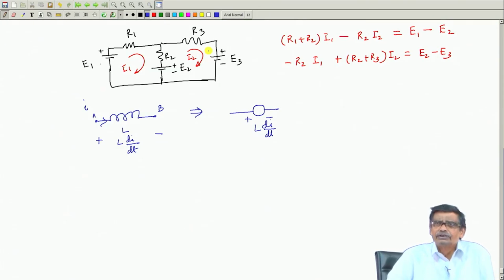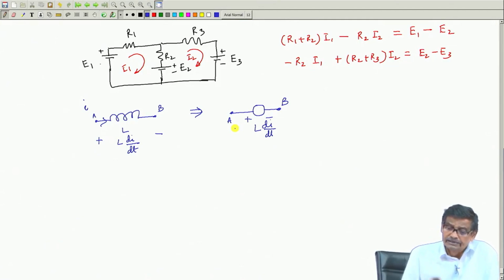Therefore, they can also be treated as a source, and so we can treat this as a voltage drop, no doubt L di/dt, but I can show it like that, no problem.